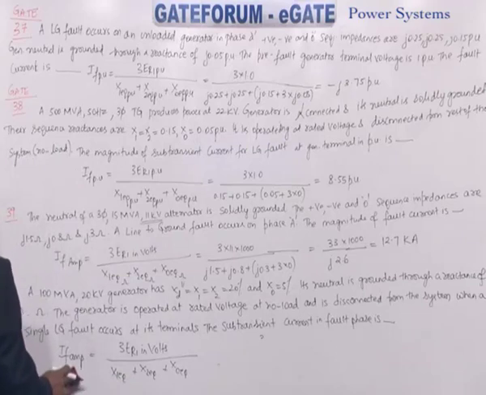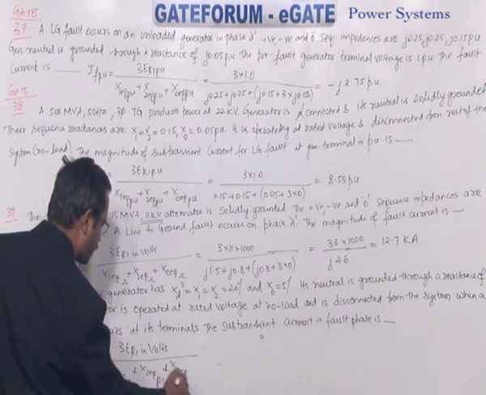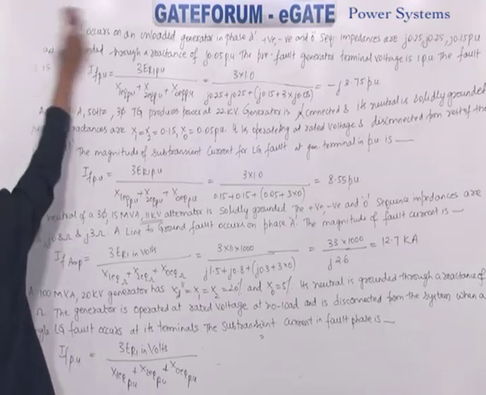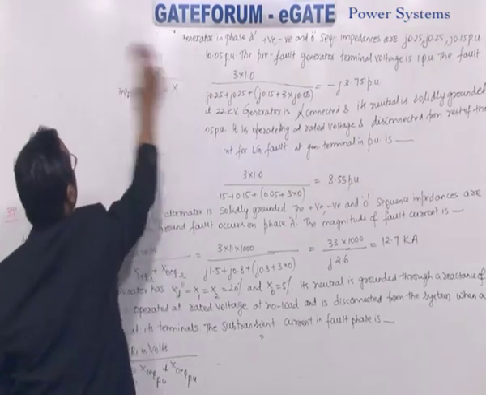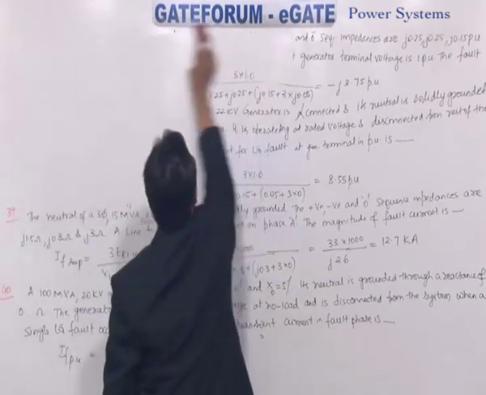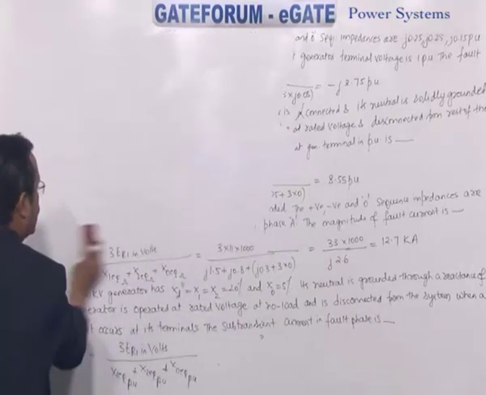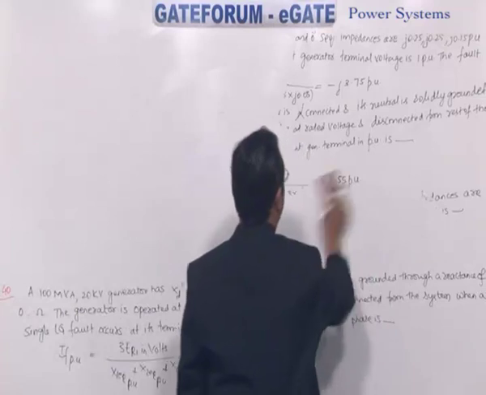You get the fault current in per unit first. The 20% and the 5% are the percentage reactances.